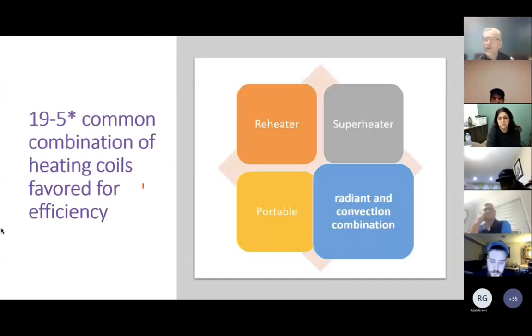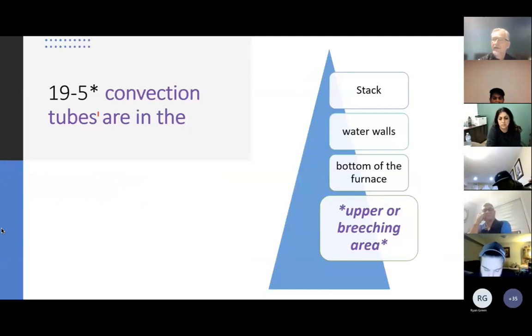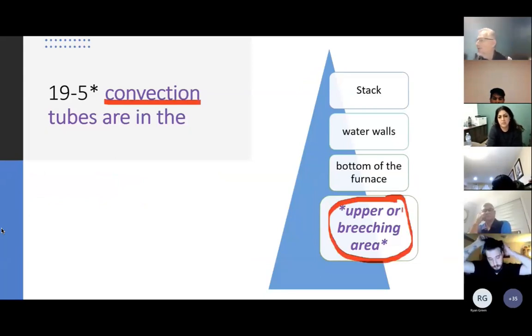A common combination of heating coils that makes hot oil units more efficient is the radiant and convection combination. Remember, radiant is surrounding the flames in the furnace. Convection tubes are in the top or the upper breeching area.